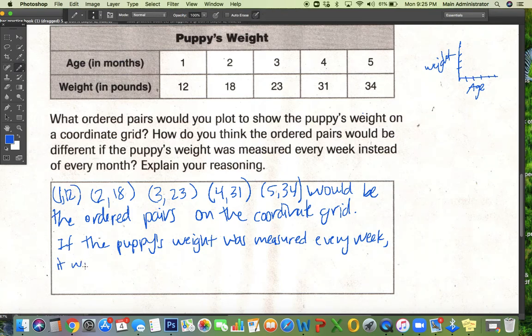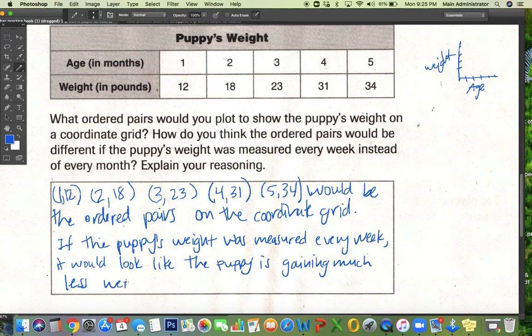It would look like the puppy is gaining much less weight.